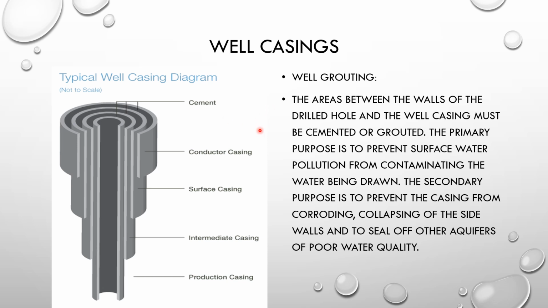As we say here, the areas between the walls of the well casing must be cemented or grouted, the reason being that you want to prevent surface water pollution from contaminating the water being drawn. The second purpose would be to prevent it from corroding and collapsing.